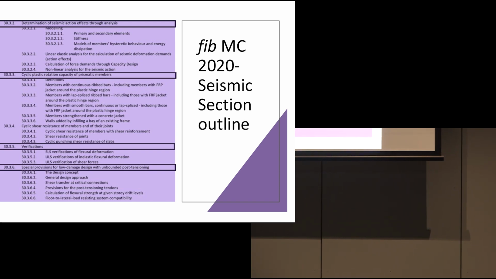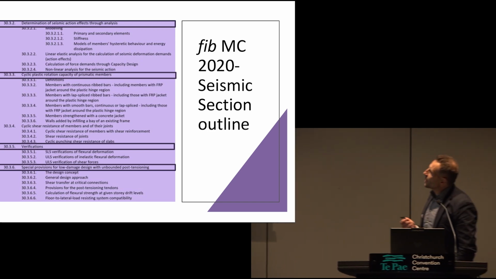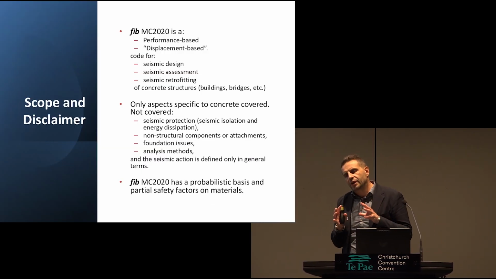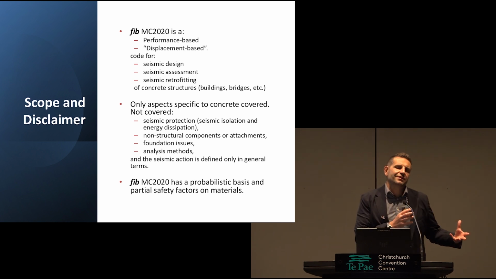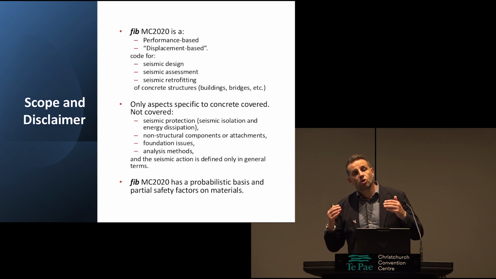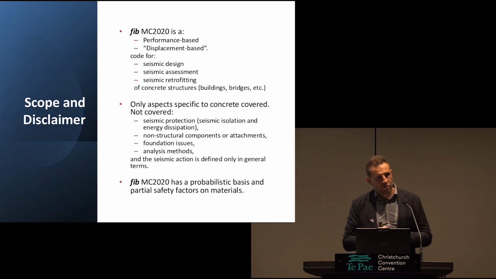But in this section, the focus is more on the capacity side. So therefore, there is not much in terms of design methodology to determine the demand on the structure.